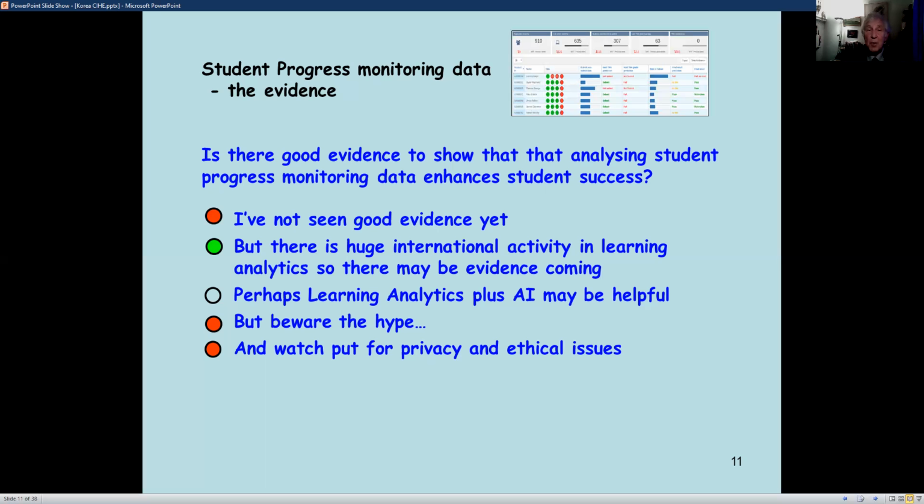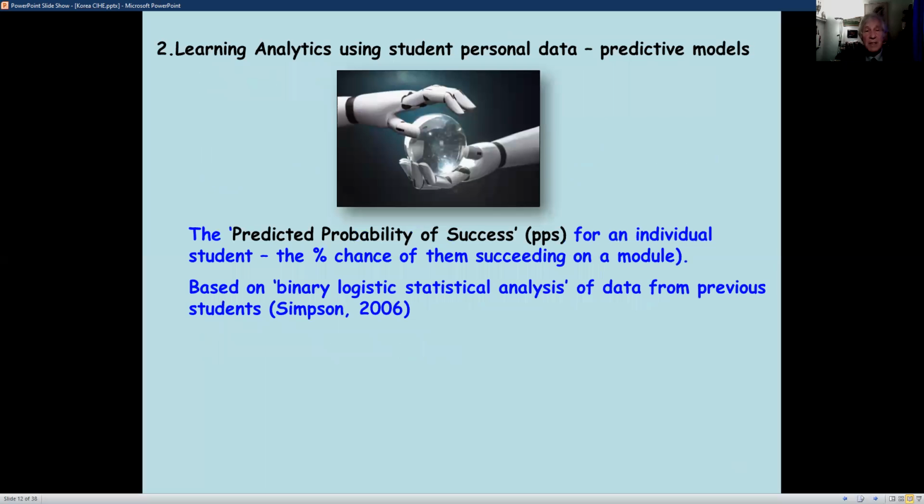My second topic is using learning analytics to study students' personal data and make predictive models. This is a project that I ran a few years ago in the UK OU.